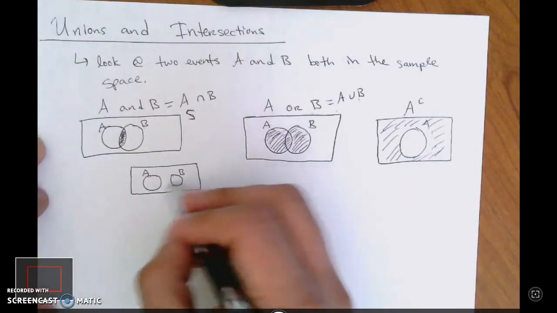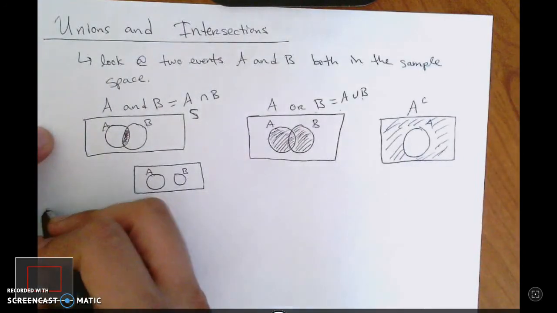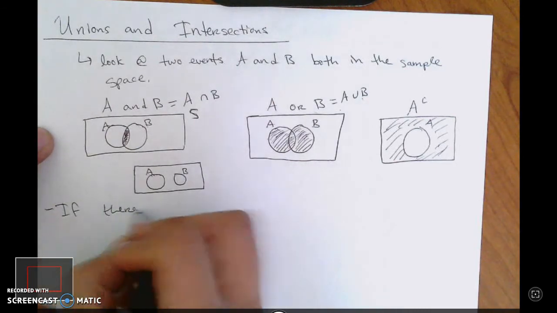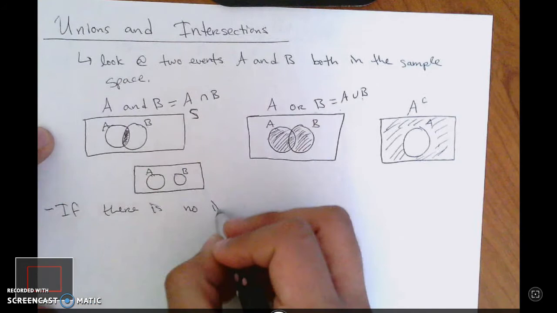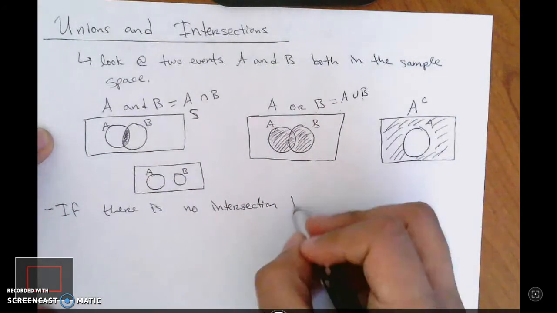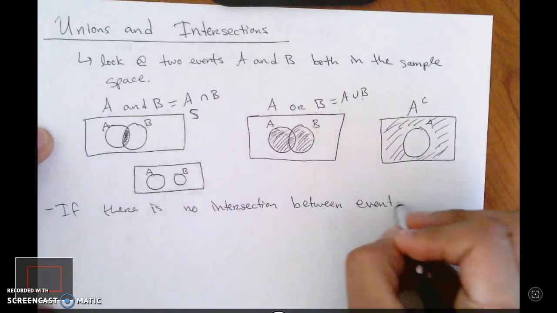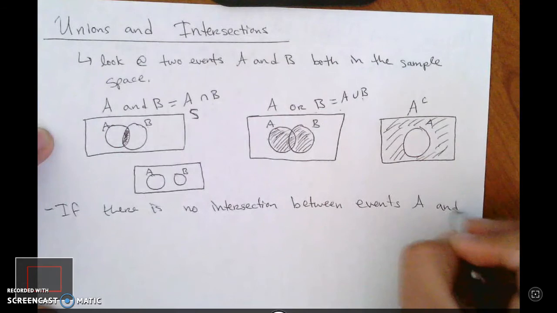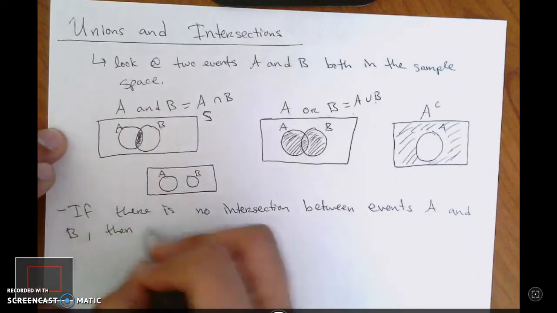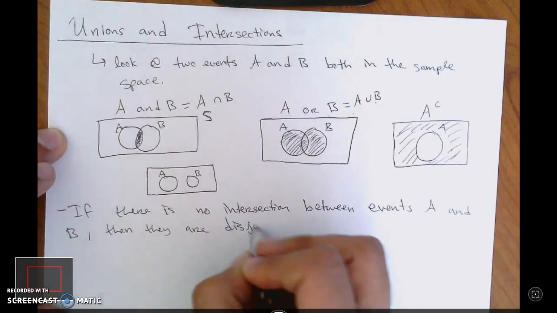When that happens, we say the following: if there is no intersection between events A and B, then they are disjoint events.